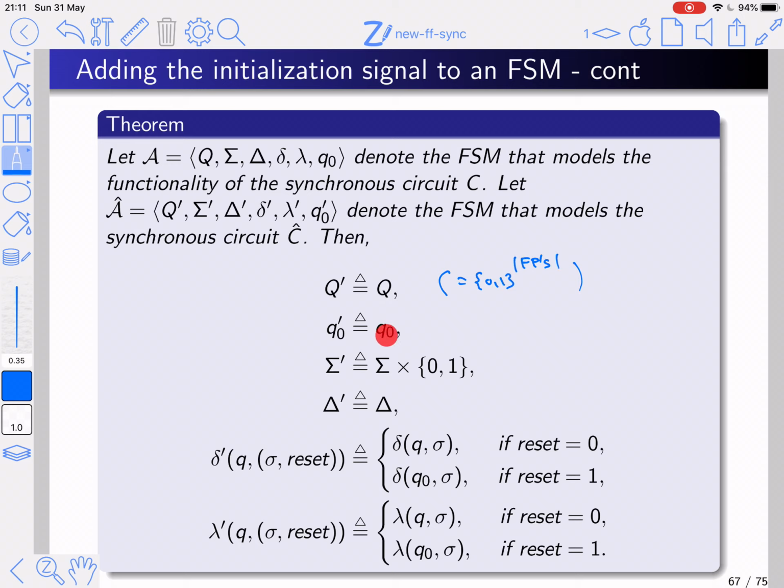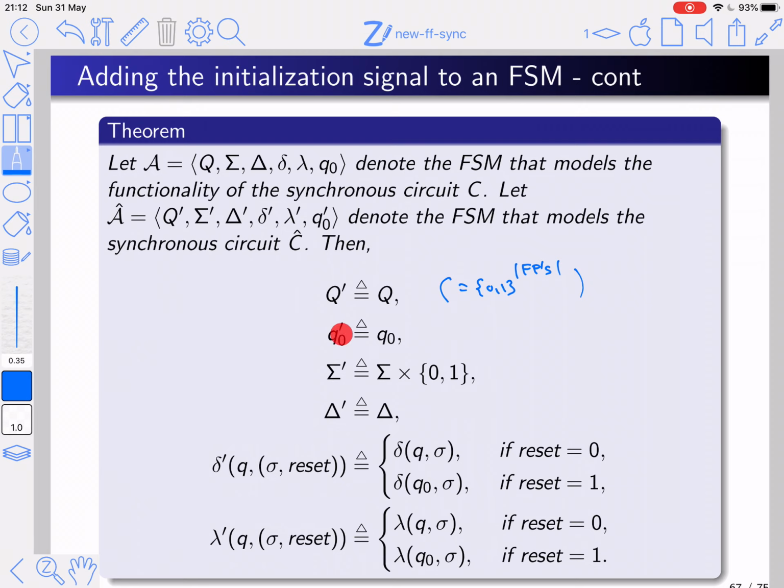Here in A, we assume the initial state to be Q0, say the all-zero string, and here the initial state in A hat, well, you could assume that it is the same state as in Q0. It doesn't really matter because you have a reset signal, but it's just convenient to assume that this is the same initial state.